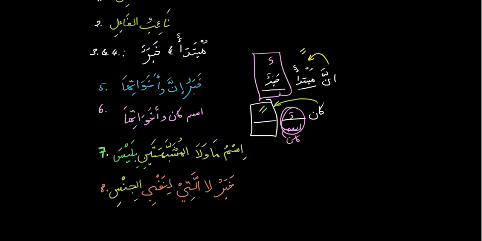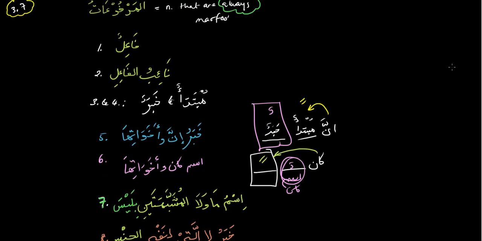So all these categories are going to be marfu. The first category, fa'il, is always marfu, and na'ib al-fa'il is marfu. The third category is mubtada and khabar, which are marfu, and the khabar of inna is marfu, and ism kana is marfu.